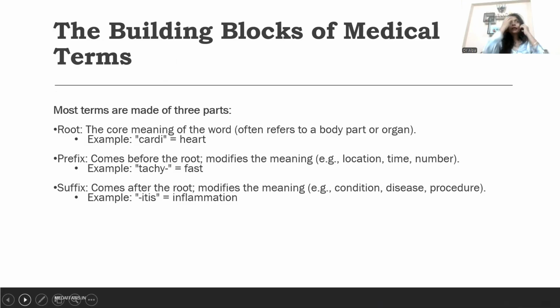If you really want to enhance your medical terminology knowledge, then more or less all medical terms have three parts. One is the root, and then either it is prefixed or it is suffixed. So you can do that to know more about the medical terms.